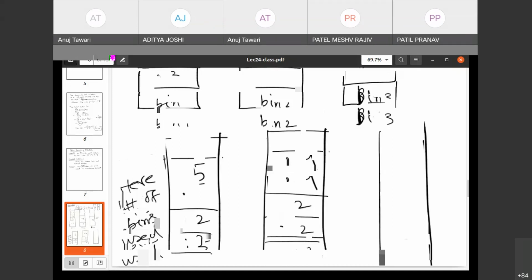Like we will put 5 and then distance of 5 minus 2 equal to 3. We can put it in bin and find the object with distance 2. Okay.